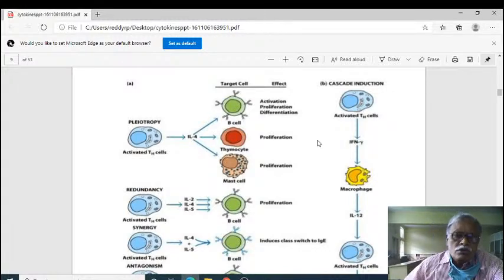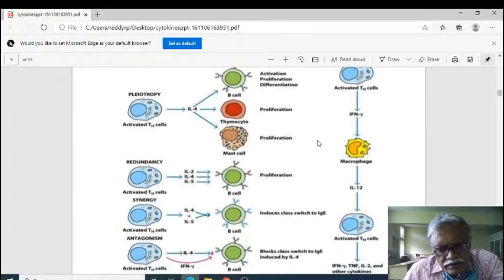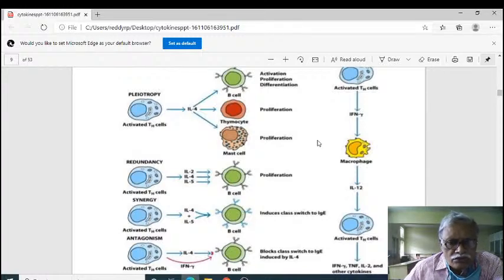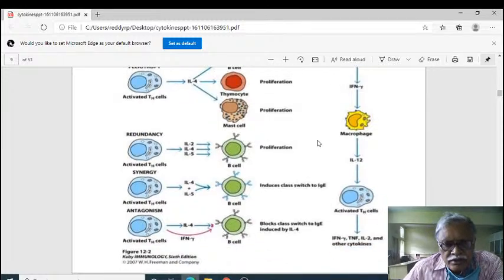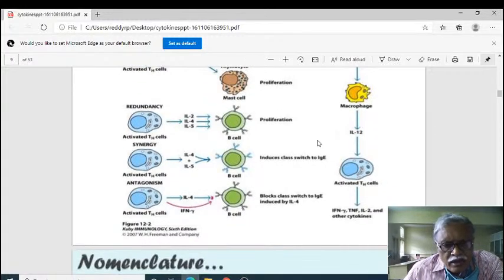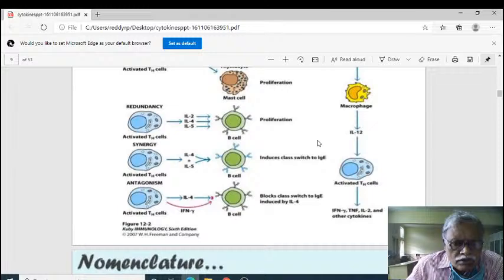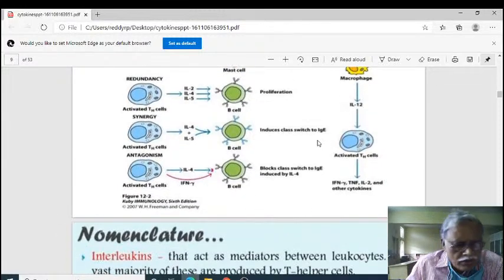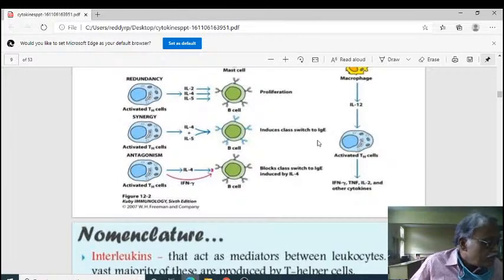The B cell will go into the thymus and become a thymocyte, which becomes more active to produce interleukins, interferons, etc., and the activated T cells will be transformed into mast cells, and so these are all the cells which will produce interleukin 2, interleukin 4, 3, like that. The interleukins will be produced by different cells.